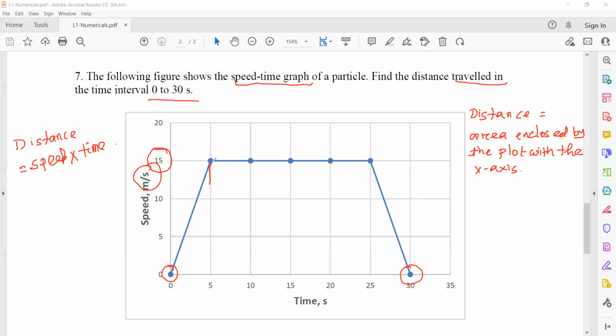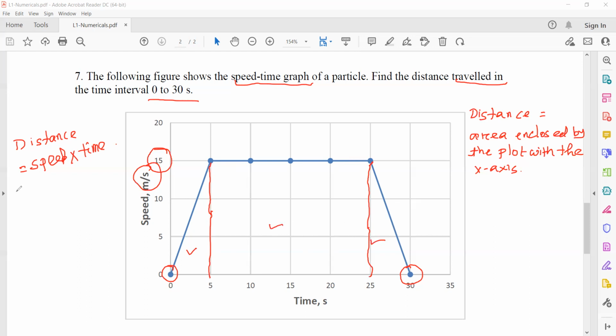I am drawing straight lines up to 5, up to 25. Now you see this has become very easy. So we have one triangle, and here we have one rectangle, and here we have another triangle.